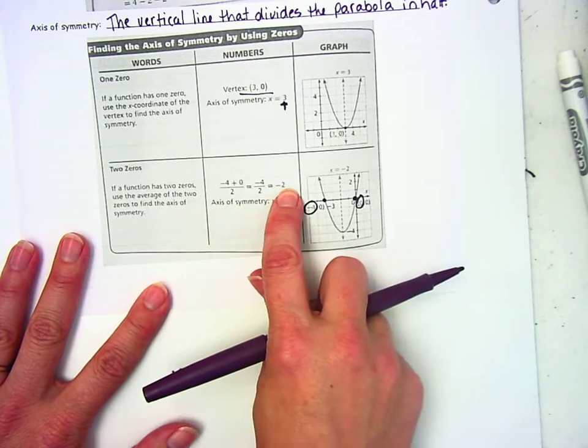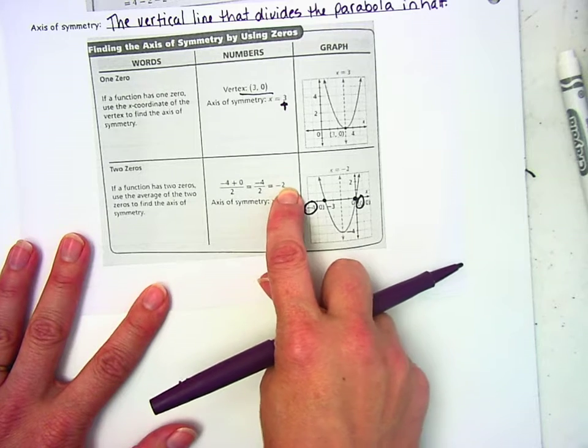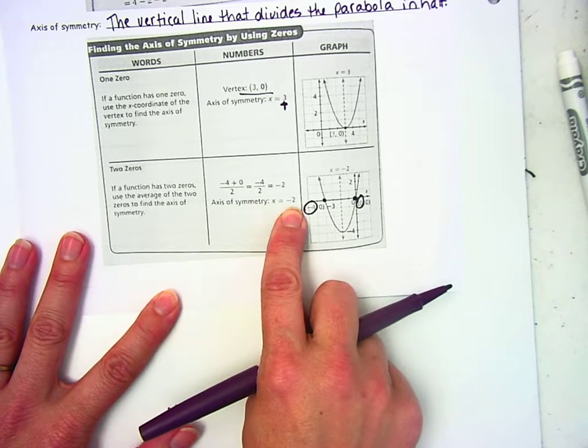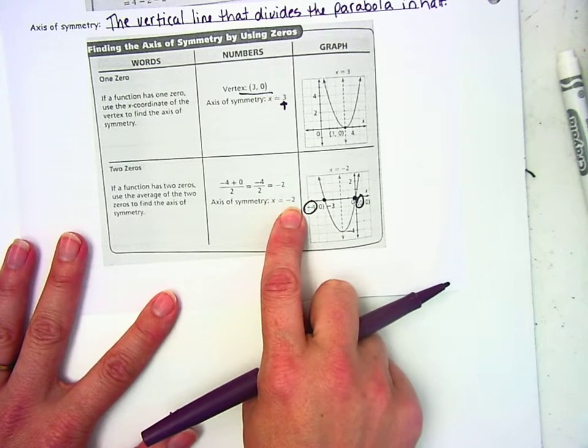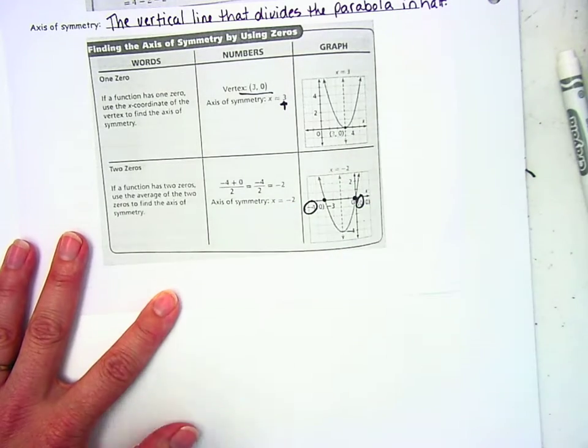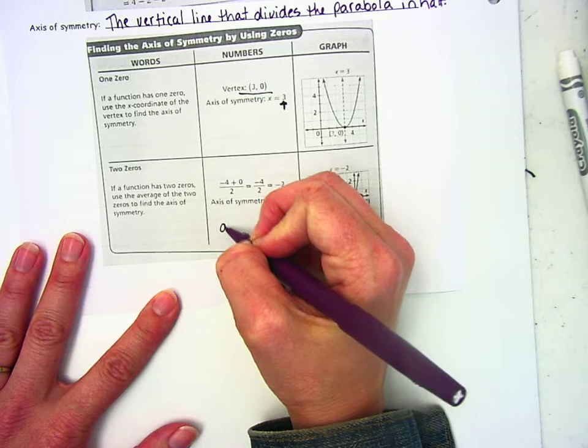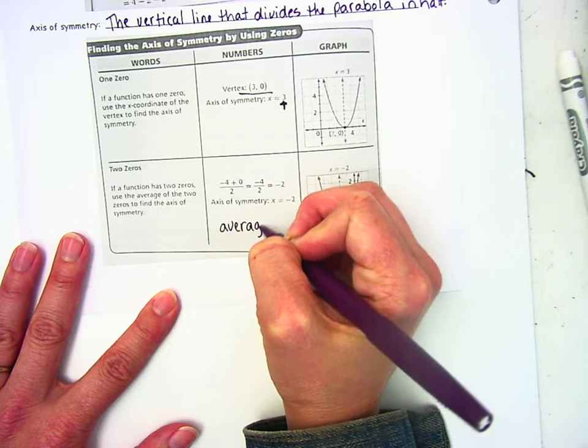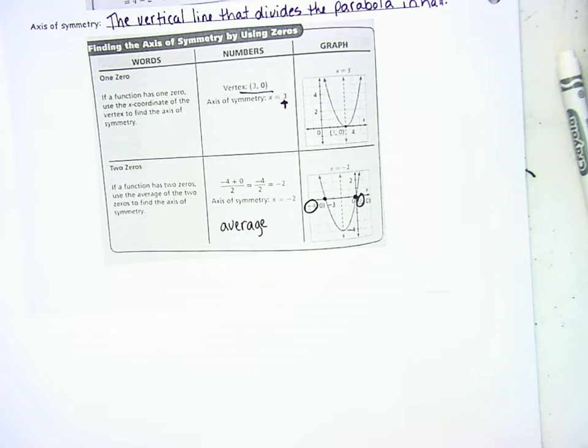You're basically finding the average of your 2 points. And your axis of symmetry is x equals -2. I can draw a vertical line at x equals -2, and it bisects it. I'm going to write right here "average," because that's just to remind you that's all you're doing.